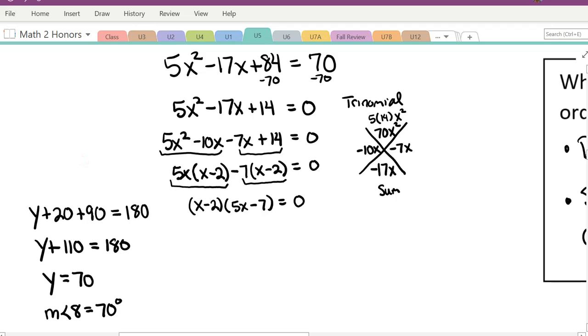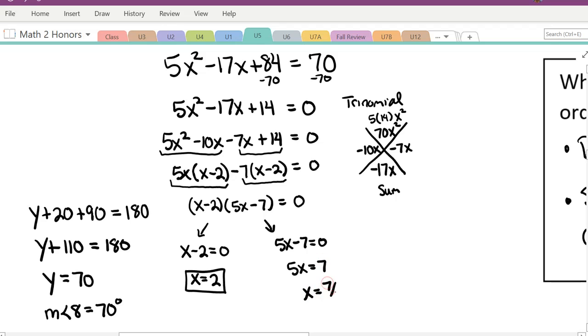So now the trinomial is factored, and I separate my factors and set them individually equal to 0. And solve. So the first one I get x is equal to 2. The second one I get 5x is equal to positive 7, so x is equal to 7 divided by 5, or 7 over 5.